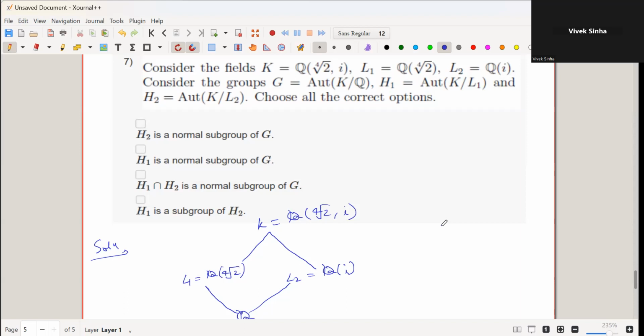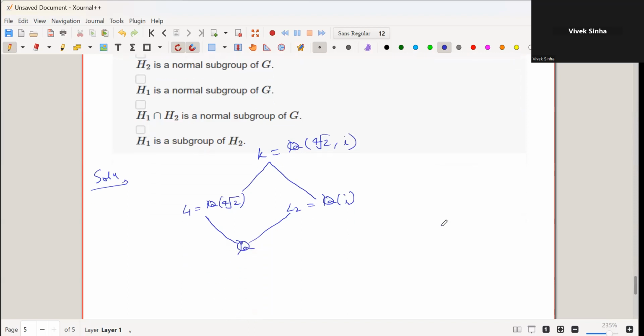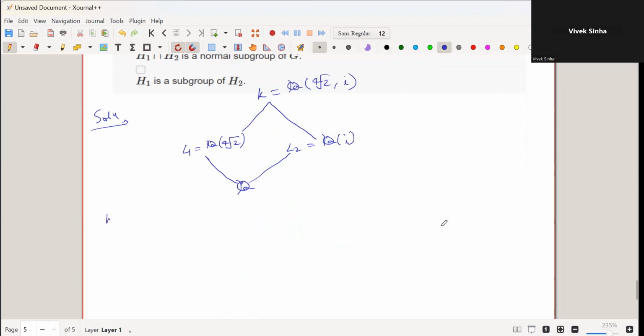So then we will use the same idea. It's asking what are the normal subgroups of G. So we will use the same theorem that is discussed in solution 6.